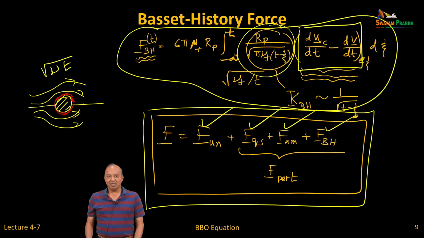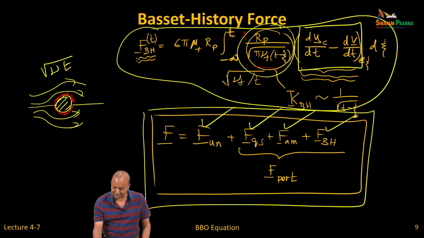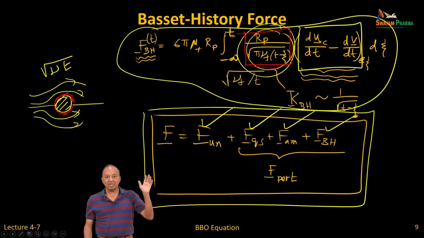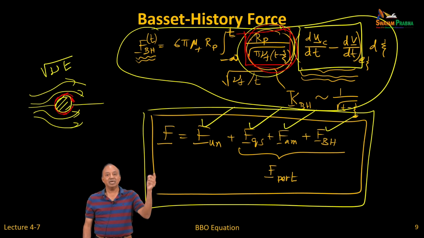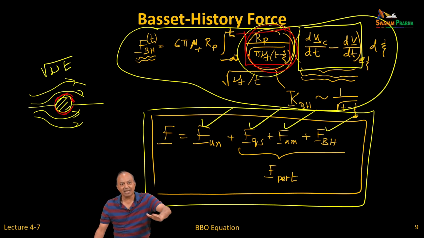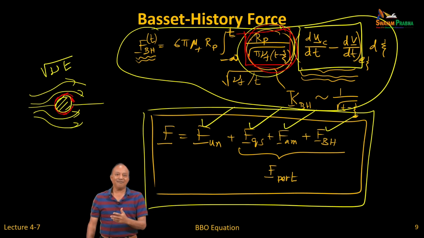The viscous effect will happen on a slow time scale, and this is called the viscous history kernel. In other words, this decays over time. As time increases, it goes as 1 over square root of time. So the fact that you accelerated immediately creates a force, but then it lingers for a long time and it dies. That's the physics of this problem.